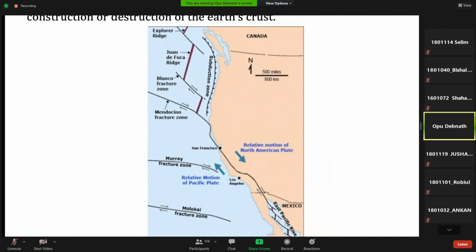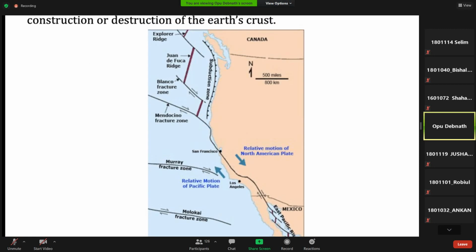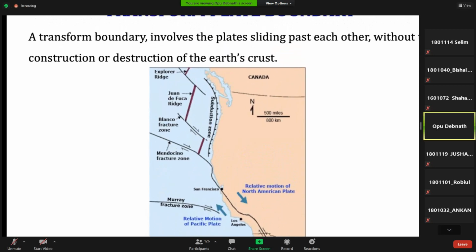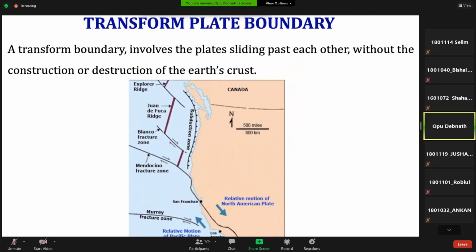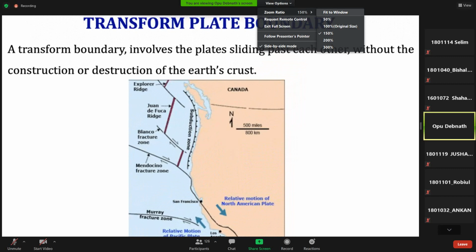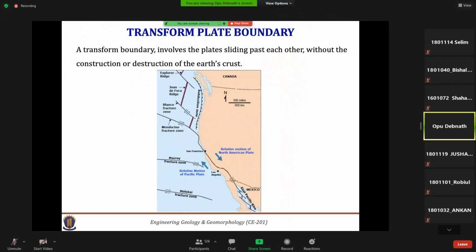Due to this transform movement, no construction or destruction of the earth's crust occurs. In converging plate boundaries, mountains or trenches may be created, but in transform plate boundaries, such geological formations are very rare.